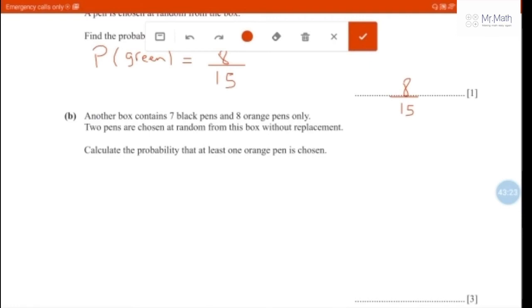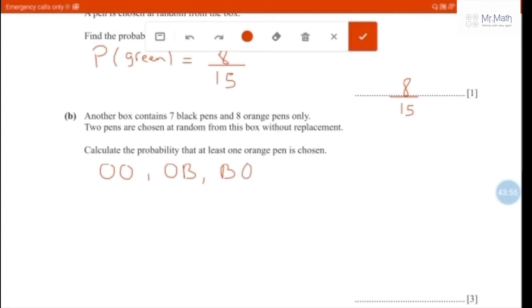So at least one, so it could be one or more. Since I'm taking out 2 pens only, I can have the first one to be an orange and the second one to be an orange, or the first one to be an orange and the second one to be black, or the first one to be black and the second one to be orange.